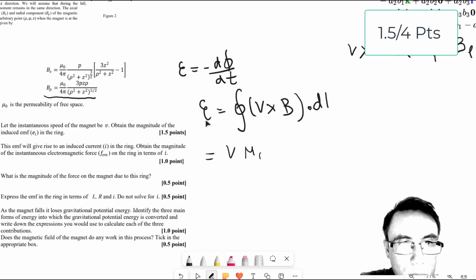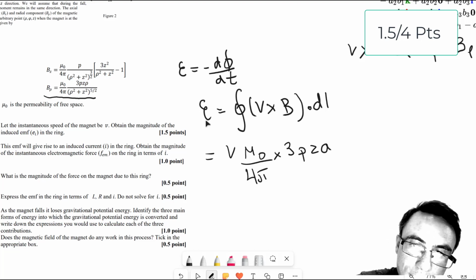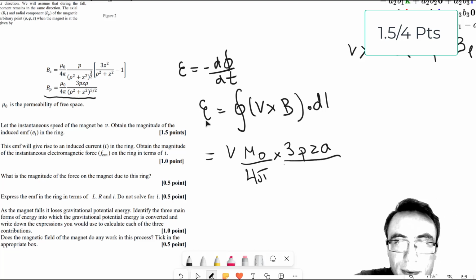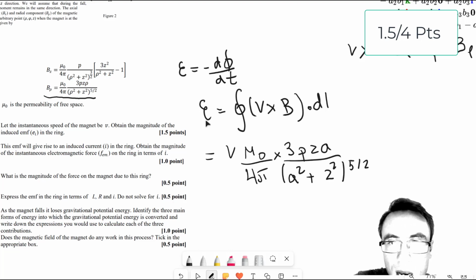Mu naught divided by 4 pi, multiplied by 3 p and z multiplied by the radius rho, which will now have a definite value, which is a, and very similarly we're going to be dividing that by a squared plus z squared raised to a power of 5/2.